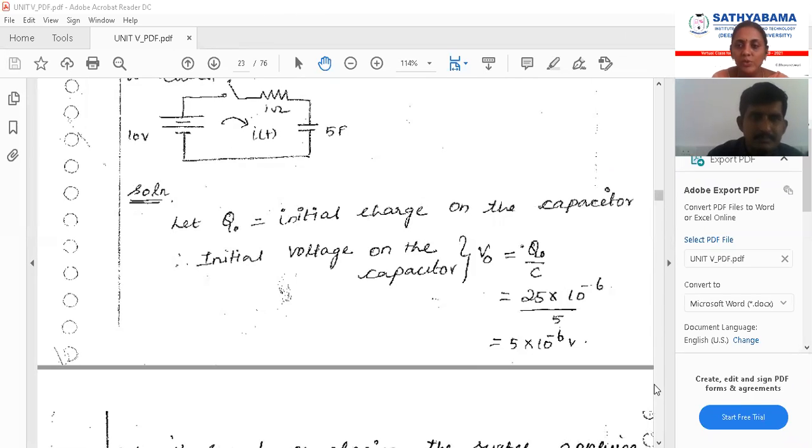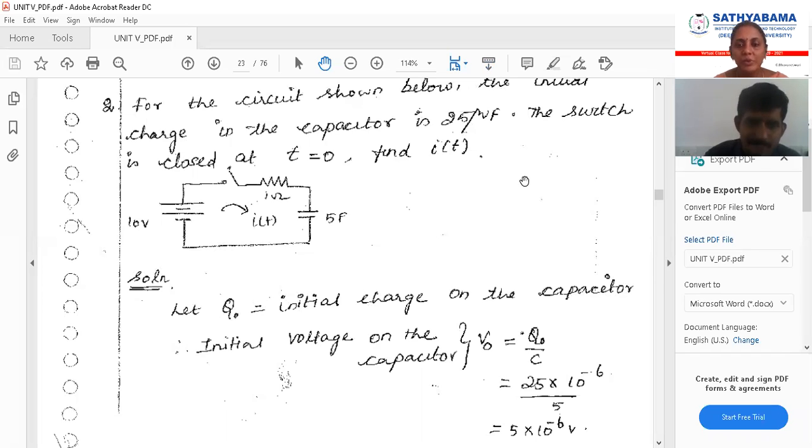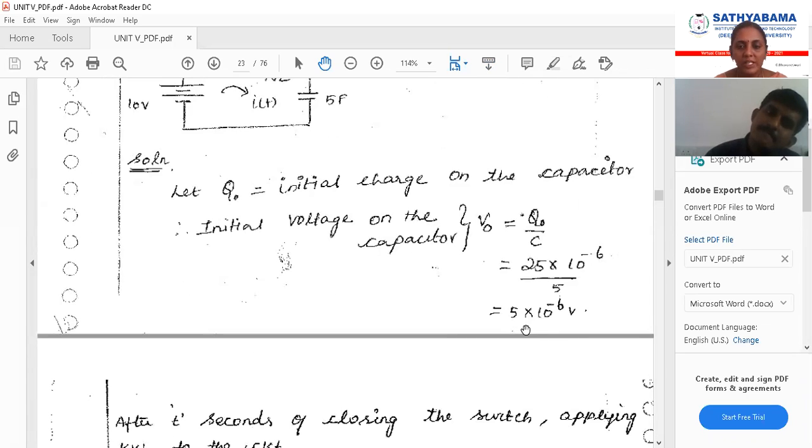Now let me calculate the V naught value. V naught is equal to Q naught by C. Q naught is given, 25 microfarad, divided by capacitance, you will get the value as 5 into 10 power minus 6 volts.